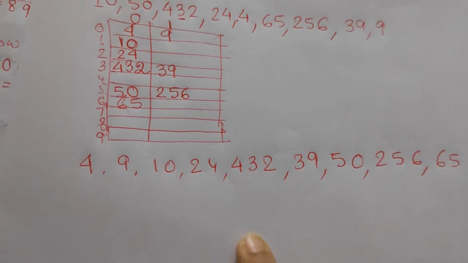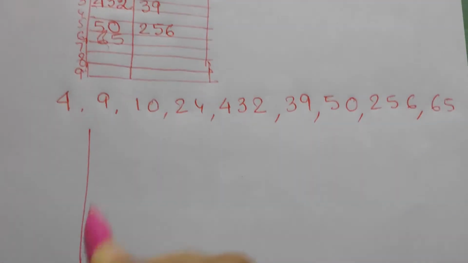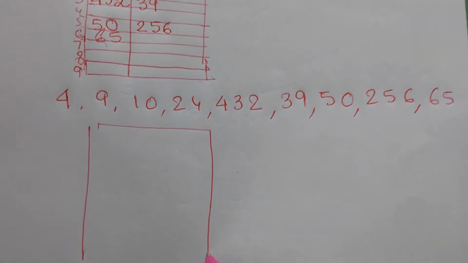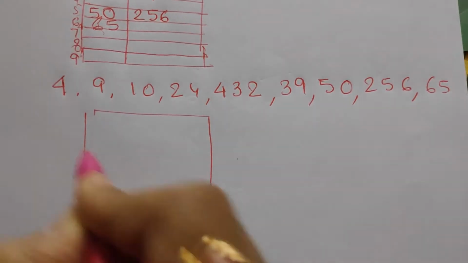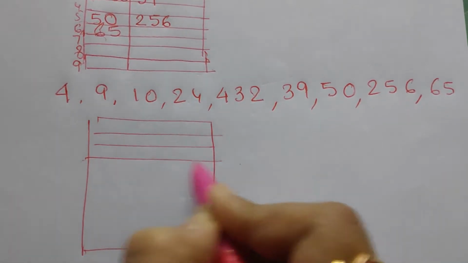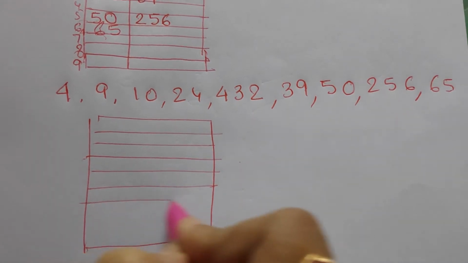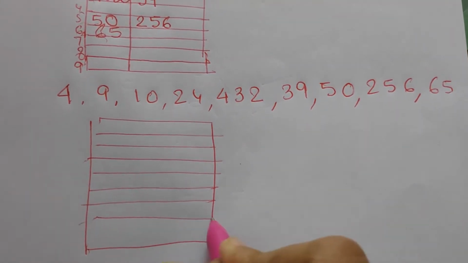Now comes the third pass. In the third pass, again we create another two-dimensional array with the same concept, and we do the same exercise using the third place digit.